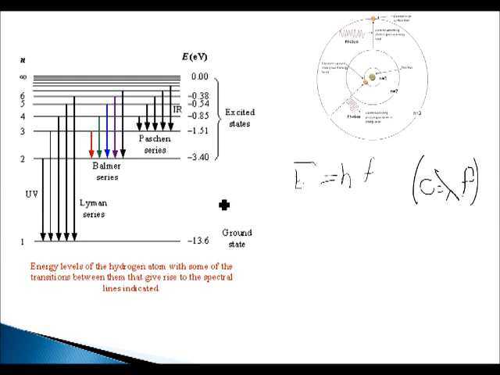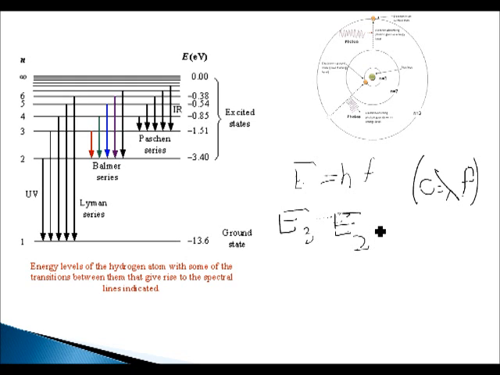If we wanted to find, for example, for the Balmer series from 3 to 2, what wavelength that is, we would take the energy from 3 minus the energy from the second one.